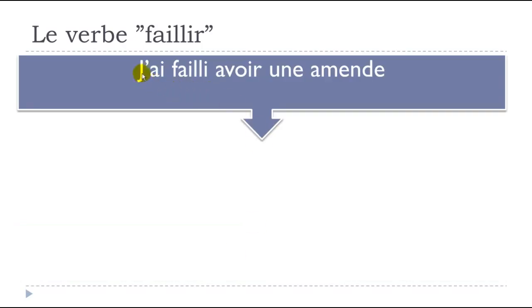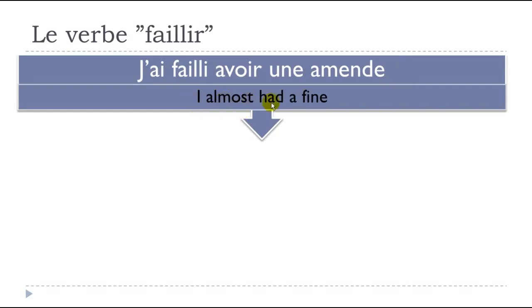Alright? So it will go like j'ai failli avoir une amende. I almost had a fine. Okay? So you can see here that it's this passé composé form that we just encountered a few minutes ago. J'ai failli avoir une amende.